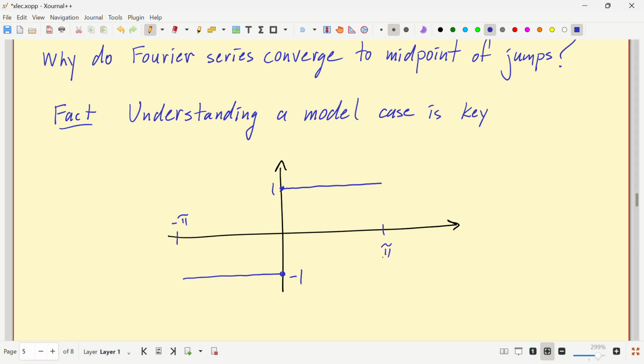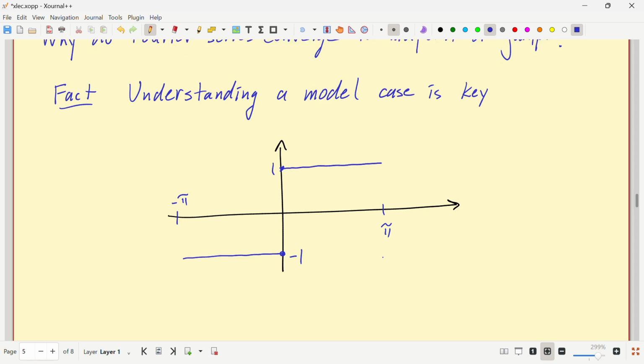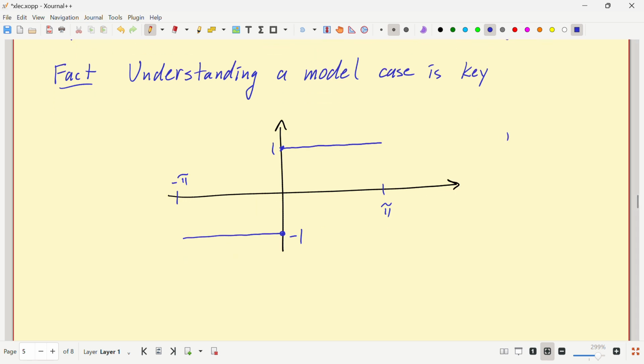So when you write out the Fourier series for it, all the cosine terms are 0. And the average is equal to 0.